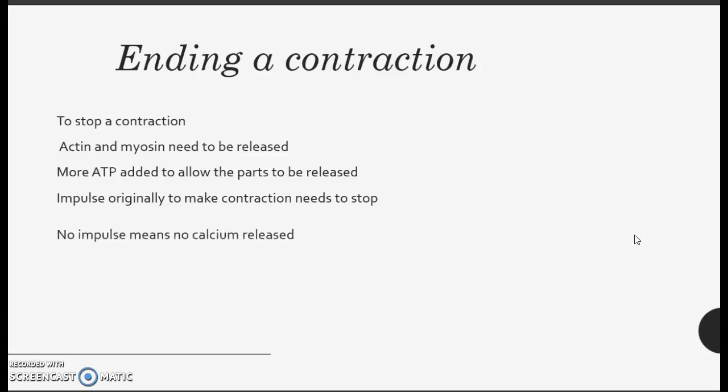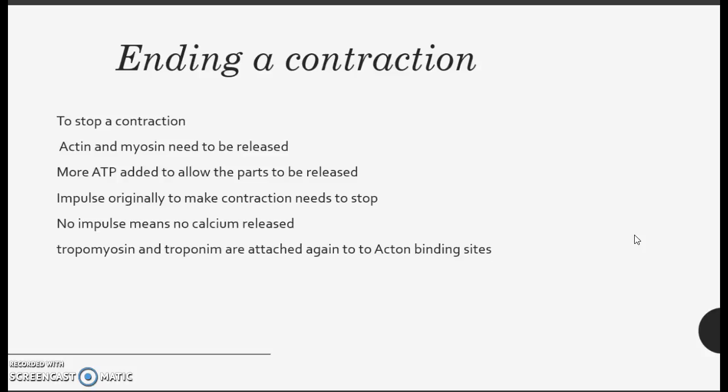So this is done by the calcium not needing to be released, and then due to the calcium not being released, the actin binding sites are again hidden. So the tropomyosin and the troponin cover the actin binding sites, which means the myosin can't then rejoin, and that ends a contraction.